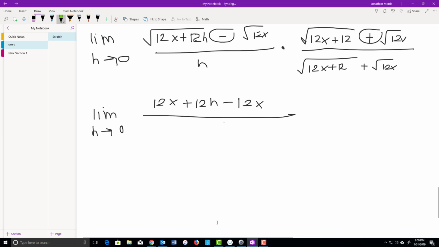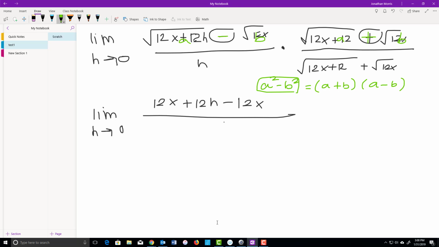I turned this into a squared minus b squared, because what I had was an a plus b times an a minus b, and so I turned it into this. Here was my a minus b, here was my a plus b, so I just multiplied it back out.